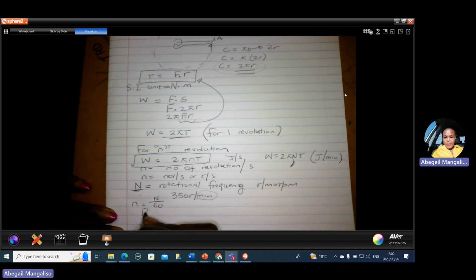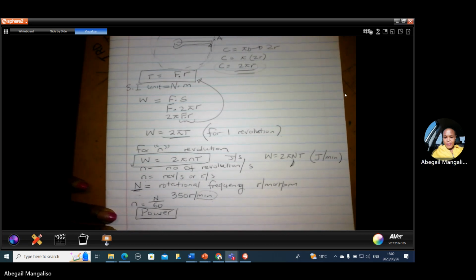Now to calculate the rate at which work is done, power. Power is a joule per second. We get a single watt when we have P equal to the rate at which work is done. So if this one is in joules and time is in seconds, we get a watt.